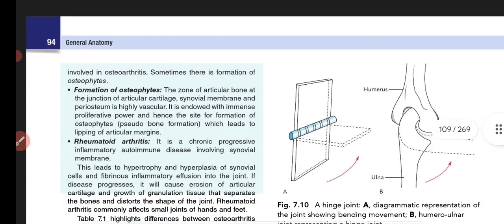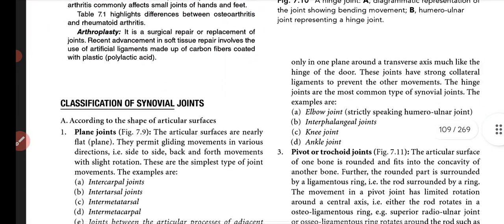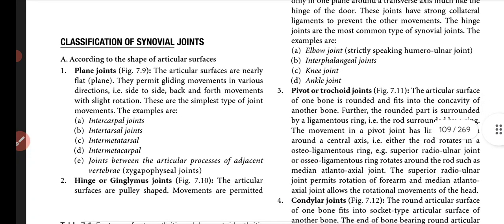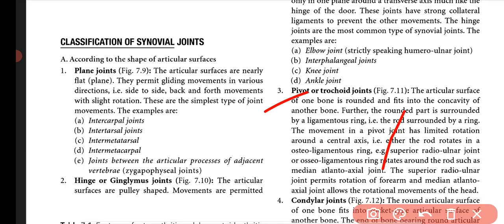Now, the classification, an important part, the classification of the synovial joint. The synovial joint is classified, number A, according to the shape of the articular surface. Number 1 is plane joint.